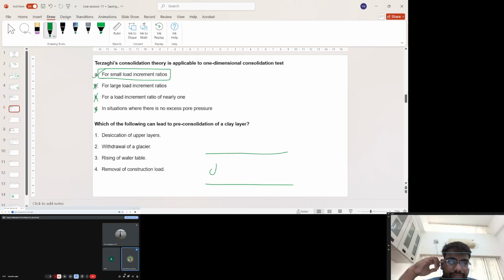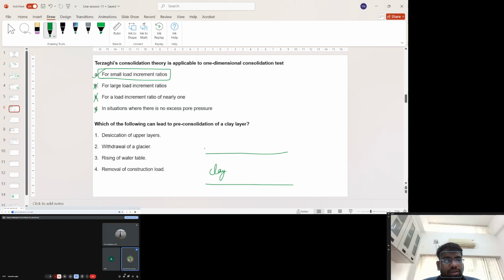Now let us consider the two options which you both have mentioned. One is withdrawal of glacier and the other is removal of construction load. Whatever you said was the exact opposite of that, right?